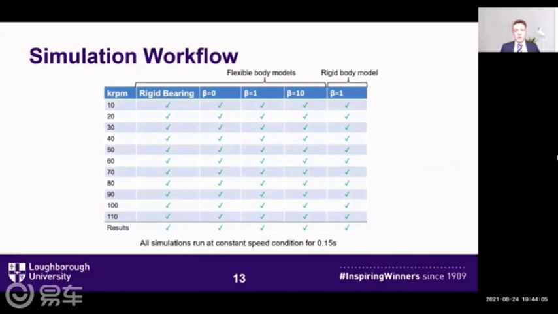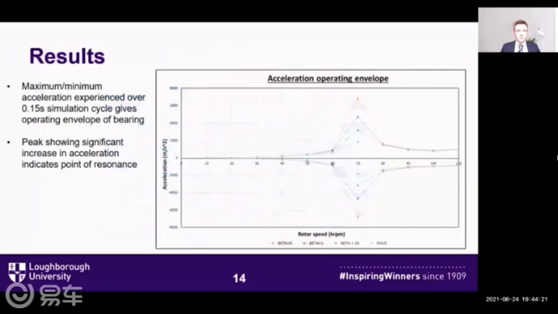In order to establish the role flexibility plays in the dynamics of the system, it was modelled as flexible originally, and then a repeat of the beta equals 1 bearing was run in a fully rigid system to allow comparison to be made.